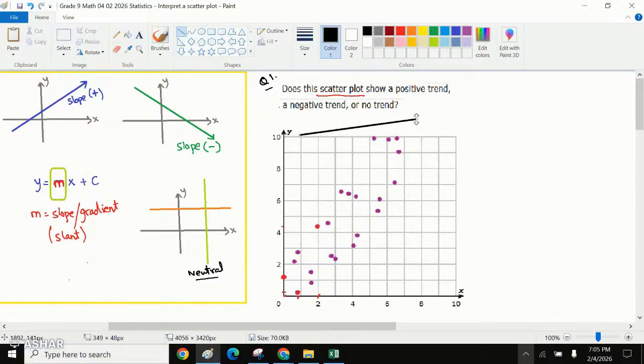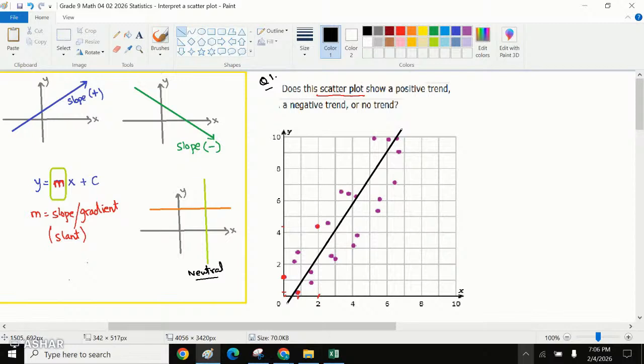So drawing a line on a scatter plot is an open-ended question, right? That means all the students can have a little variation in their lines, right? Everyone will not have the same exact gradient or slope. There would be a small difference in decimals, okay?